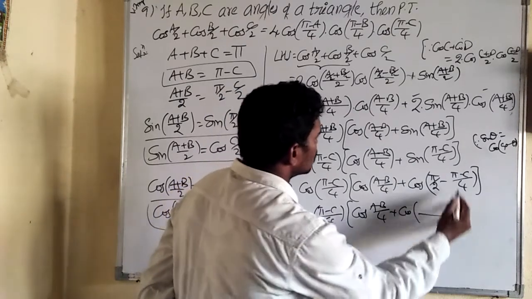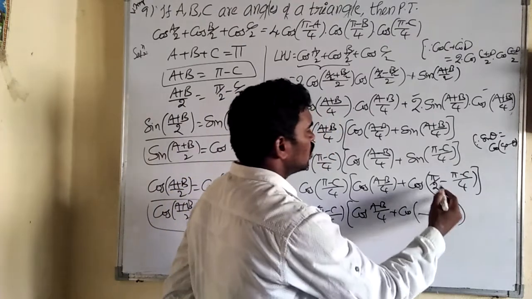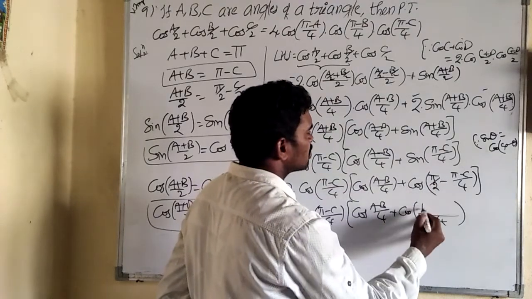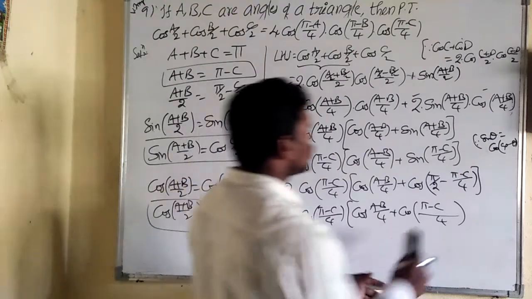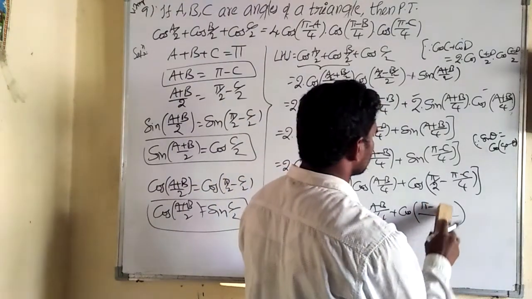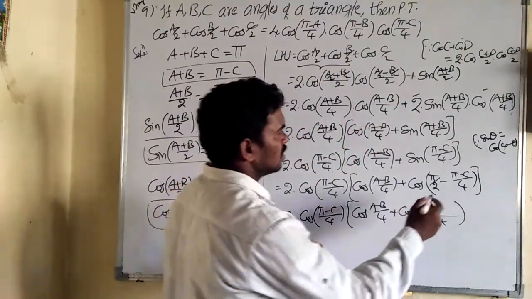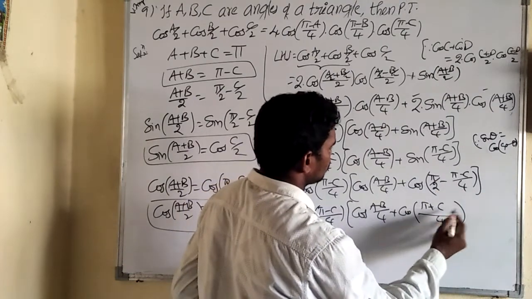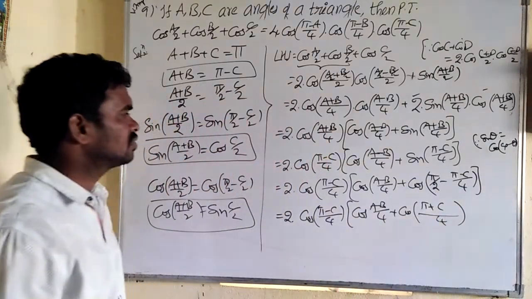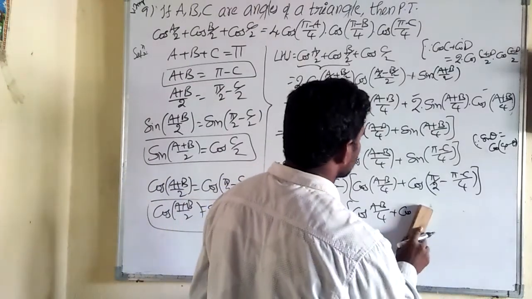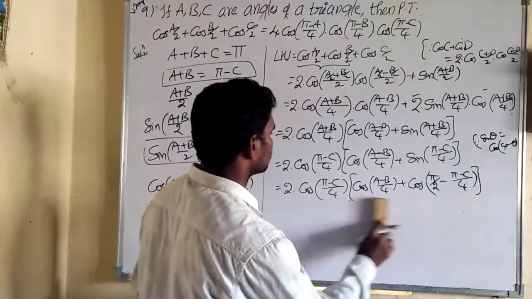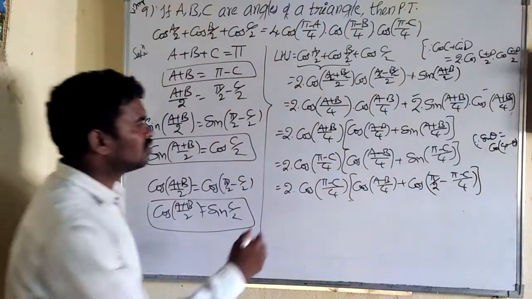So 4 is the LCM, 2 pi minus pi becomes pi minus c. Sorry, minus 2c we get. Otherwise, keep it as it is.